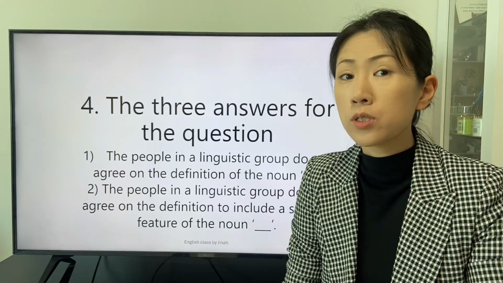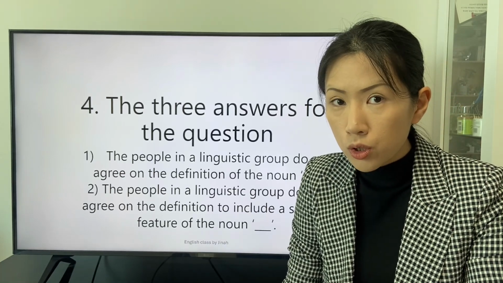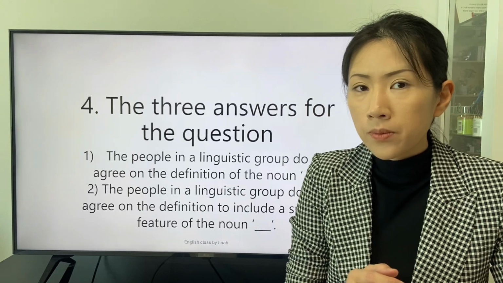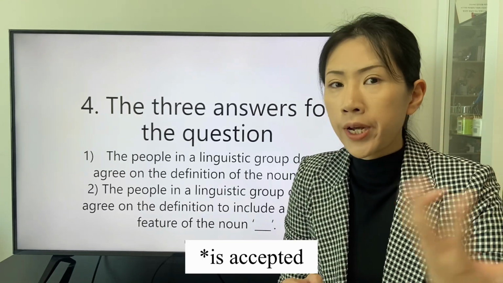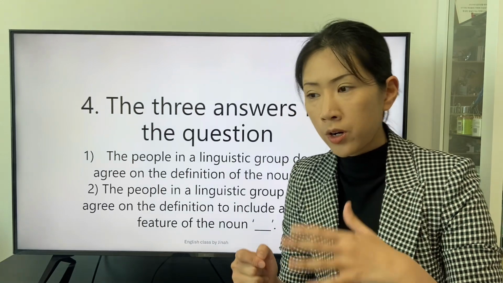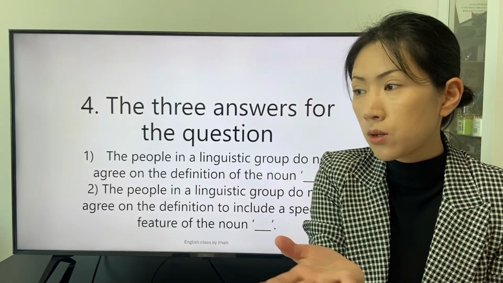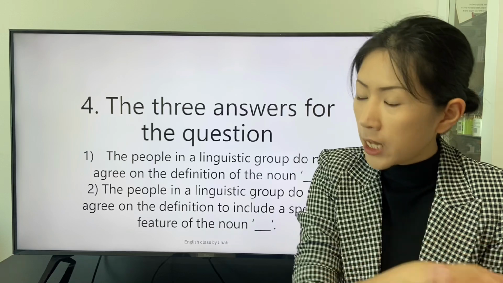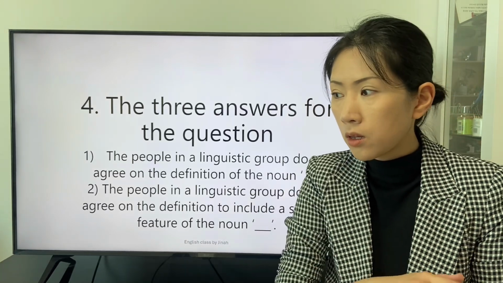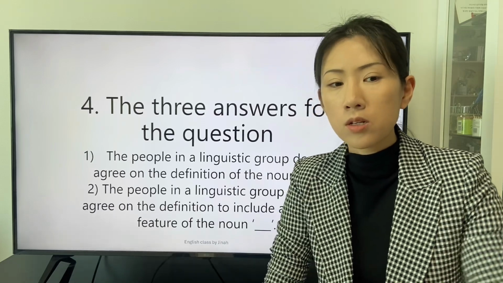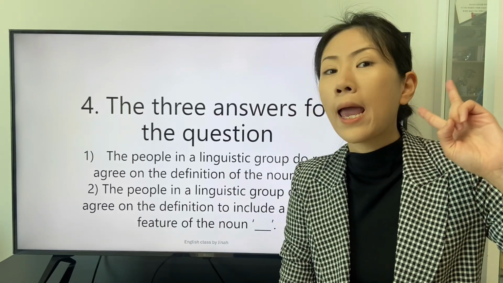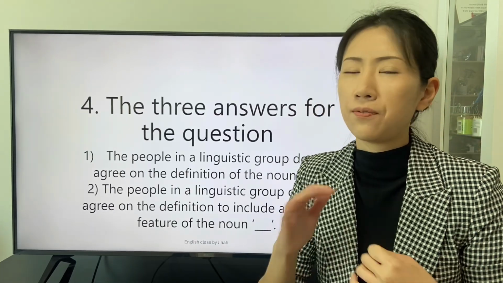The first answer to the first question, whether the answer is correct or not. The answer is subjective, but it's okay. It is all accepted. But the second answer to the question is different.